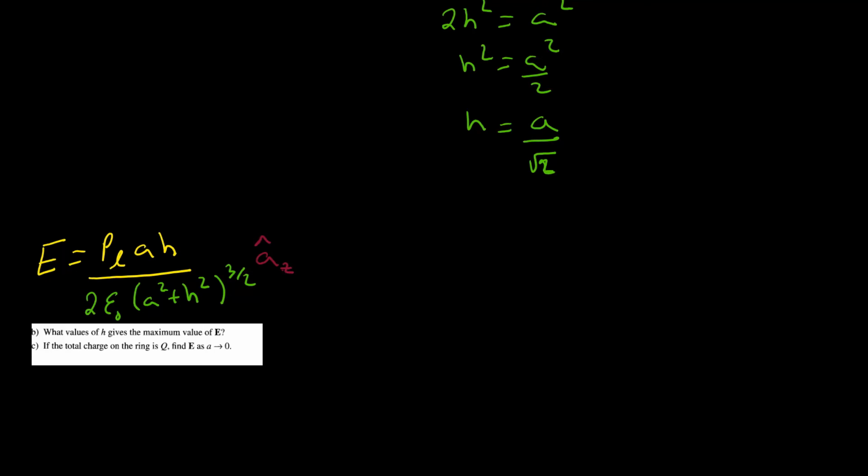Well, obviously we know that the total charge Q is going to equal the charge density, or length, since it's a length, times the length, which is going to be 2 pi times a, right?